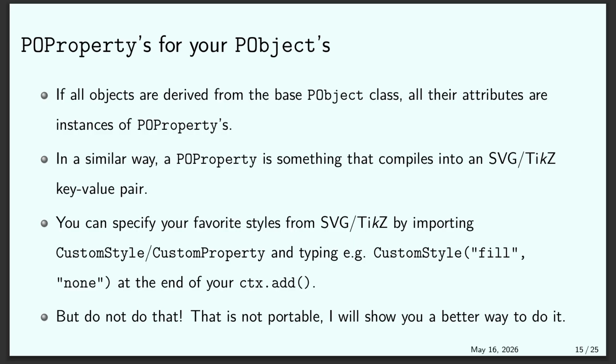The intention of the package is to be as portable as possible, so that you can make your figure in the library in Python, and then comfortably export it to both SVG and TikZ, so that you can have your LaTeX document and also your HTML file with your web page with the figure. So this is not portable at all. If you put fill none in SVG, then TikZ is gonna say, what are you doing here? When you try to export it, it will export, but it will not do anything sensible, right?